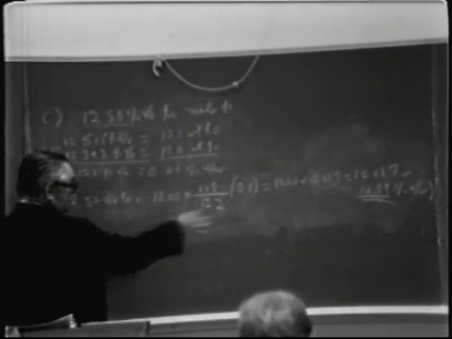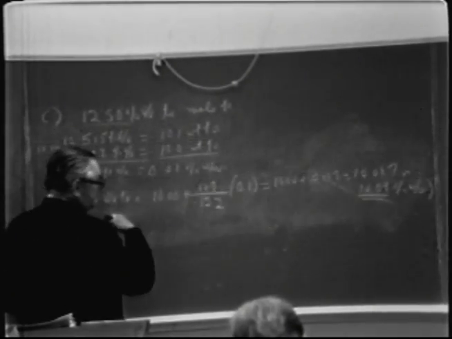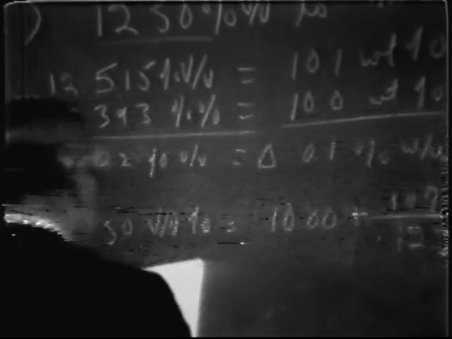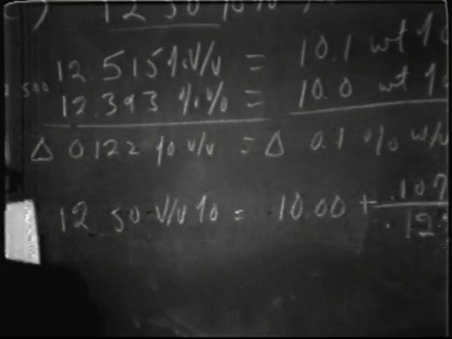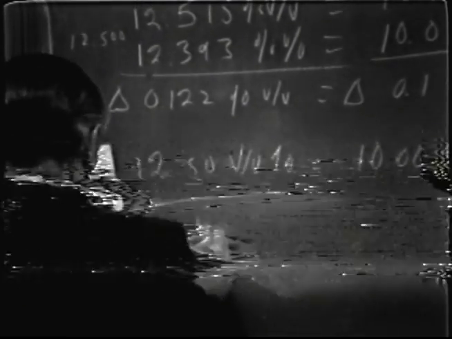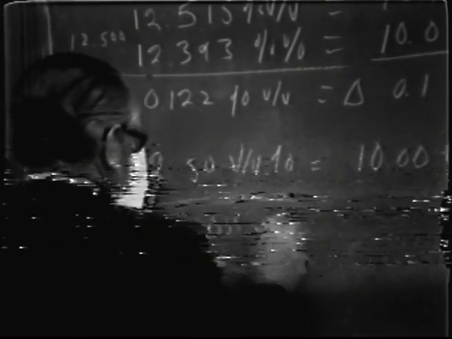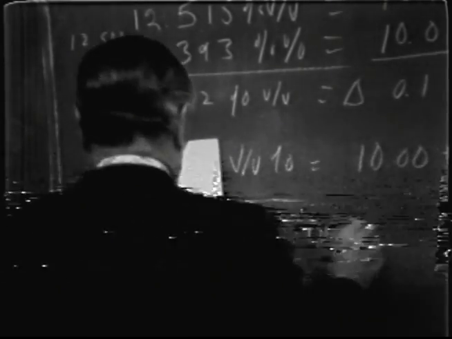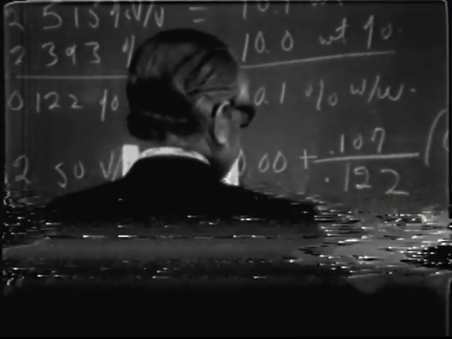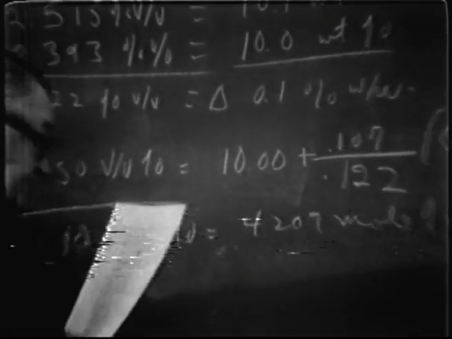And of course, the interpolation is easier than going the other way from weight percent to either volume percent or to mole percent, because it's essentially the same procedure. So now we have 10.1 weight percent is equal to 4.209 mole percent. This is table 1 of the tables.